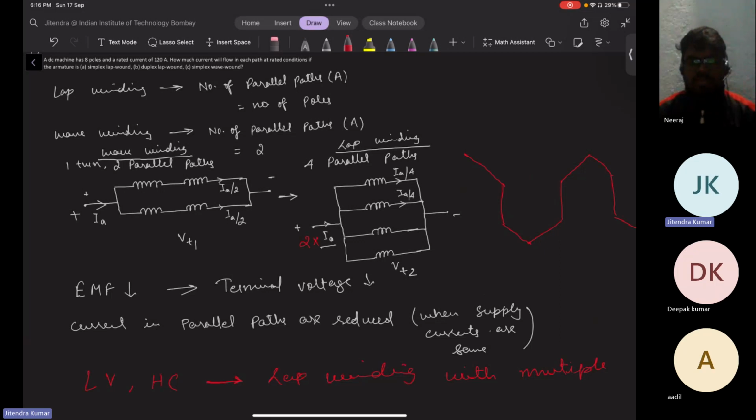Do you agree? Yes, sir. So that's why I drew in lap winding four different turns in four parallel paths, equivalent to two different turns in two parallel paths of wave winding. Right?